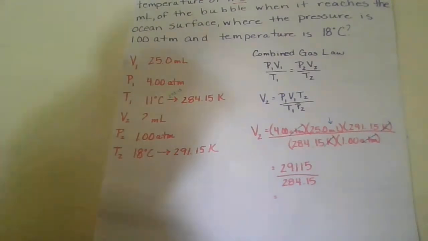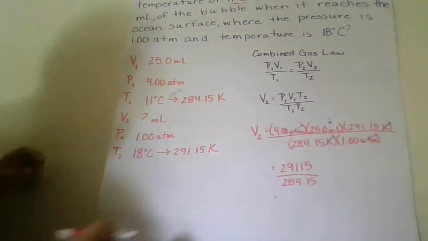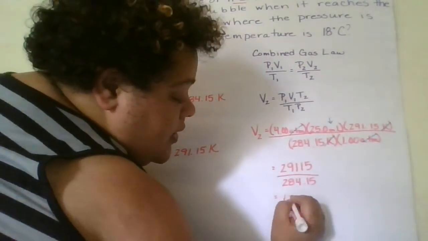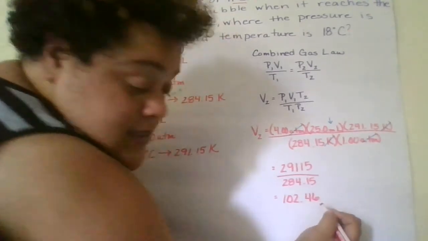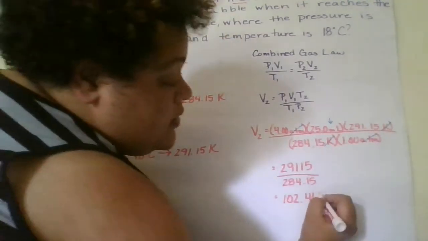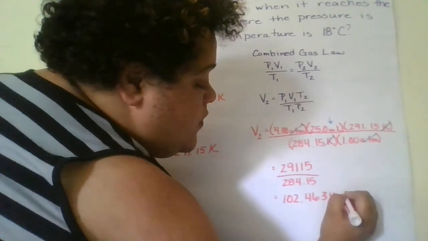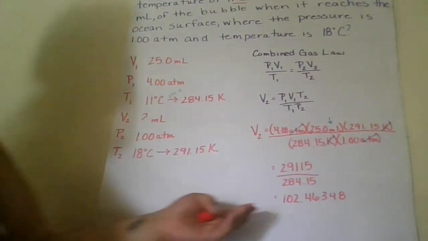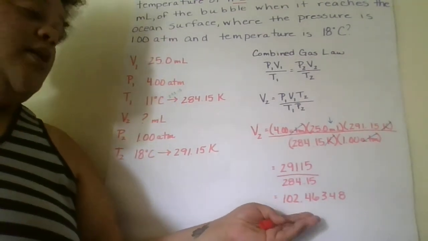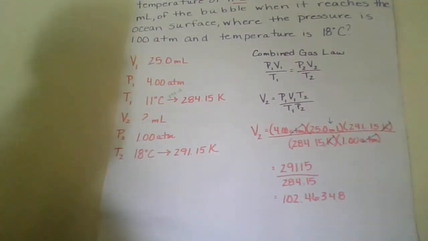Once again, back to our trusty calculators to help us along the way with these numbers that are a little larger than we normally deal with. And we're going to end up with 102.46348. Now, I would not want to try to pull up that amount of volume.